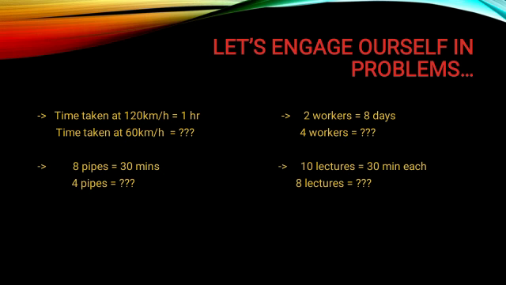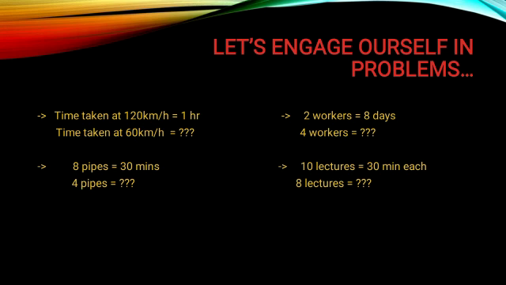The first time the speed was 120 kilometer per hour and you were taking 1 hour from place A to B. The places are fixed, A to B only. The second time you are moving at the rate of 60 kilometer per hour, so how much time will you take? Definitely it is going to double, because your speed is getting halved and definitely your time will be more.